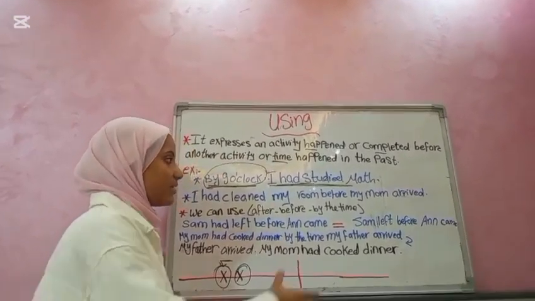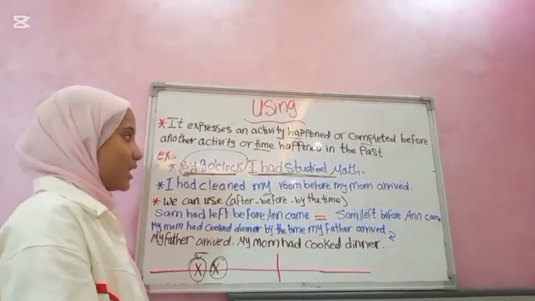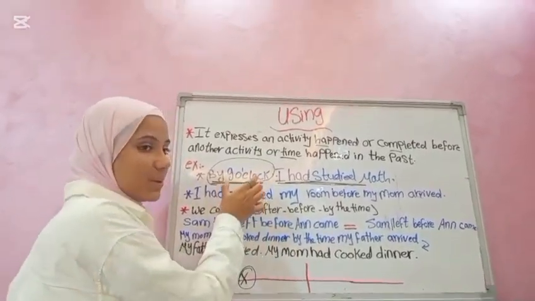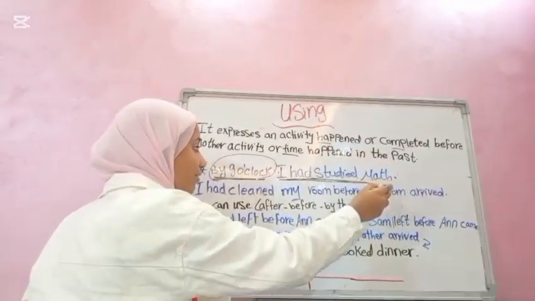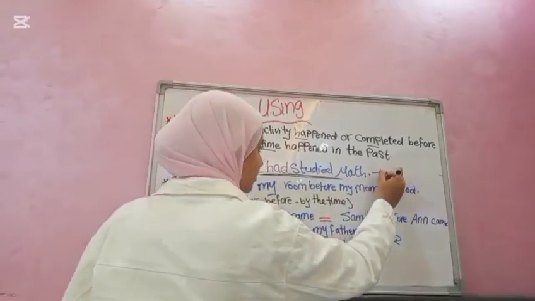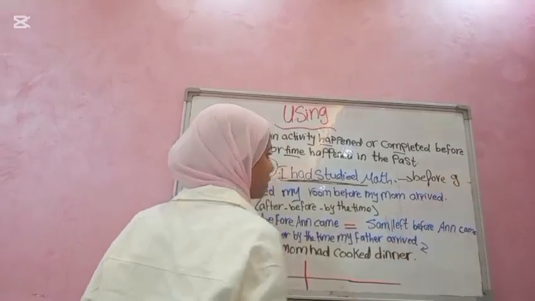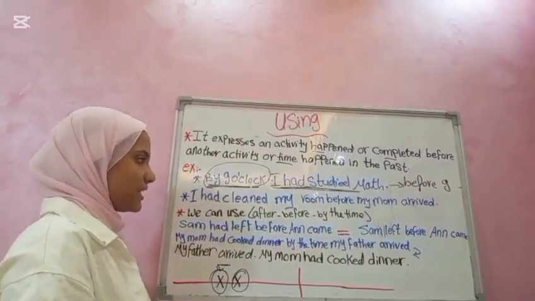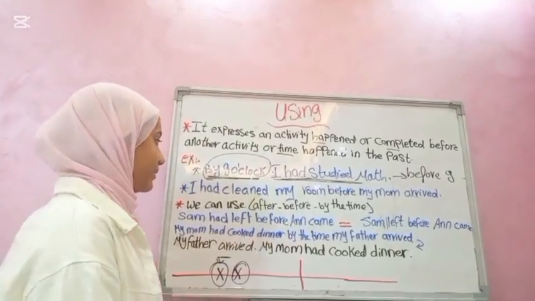This means that this action happened or was completed before this time in the past. I finished studying math before 9 o'clock. Let's see another sentence to understand correctly.